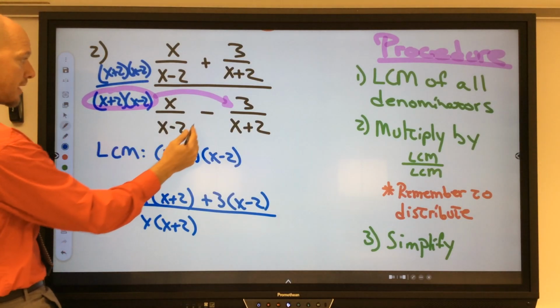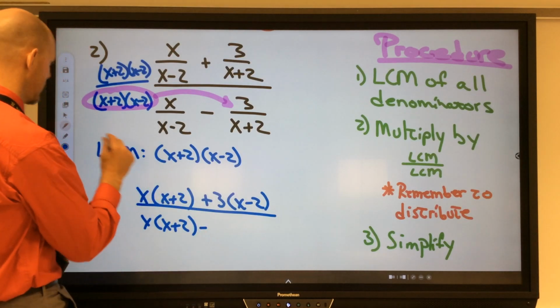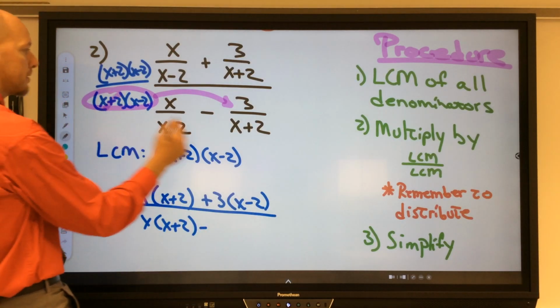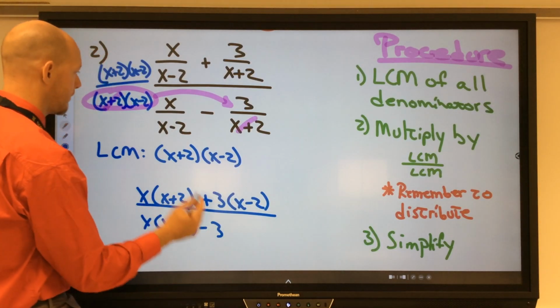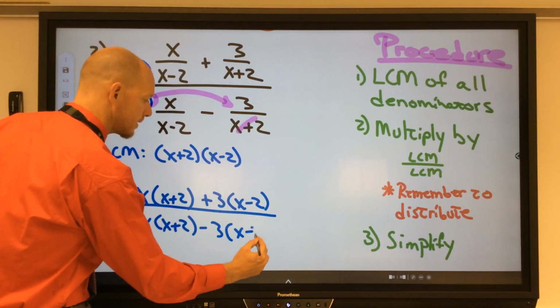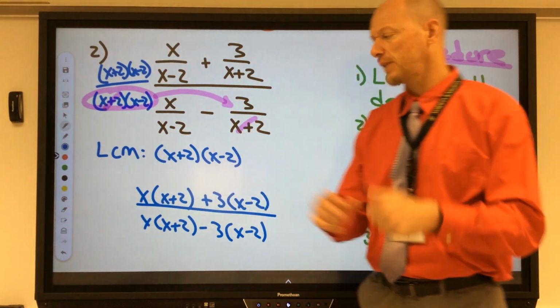Just be careful, we see that subtraction sign there. It's going to be minus, and furthermore the x plus 2 is reduced, so it's going to be 3 times x minus 2. It looks very similar, right? Almost identical.